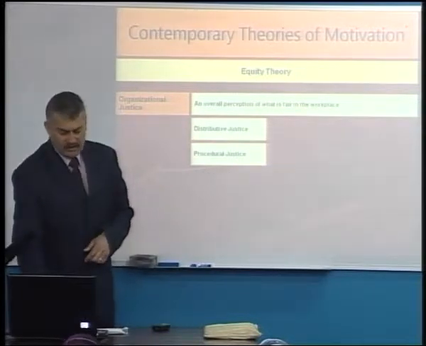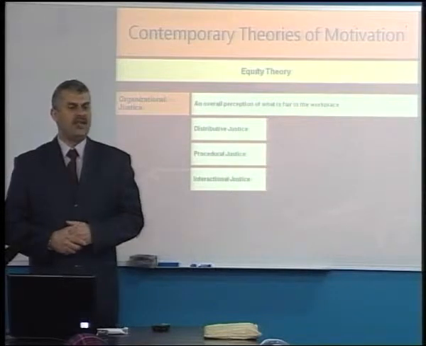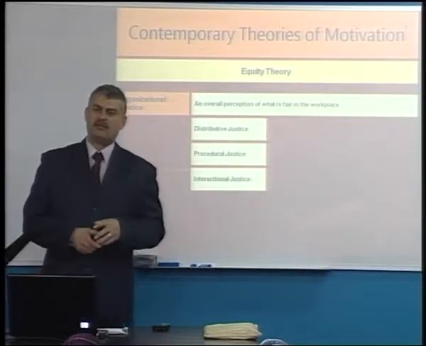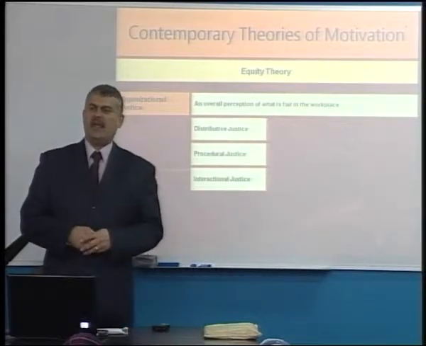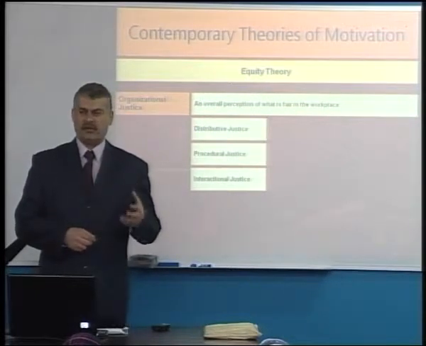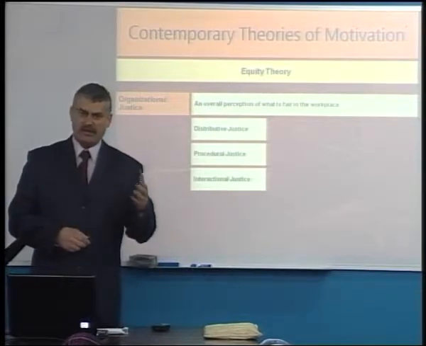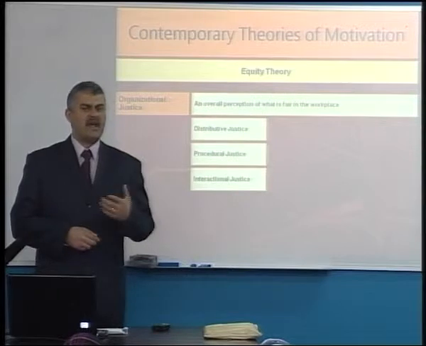Now the third one is interactional justice. Here we are talking about whether employees perceive that their dignity is assured in the organization, or whether management is treating the employees with respect, considering their dignity, and so on.